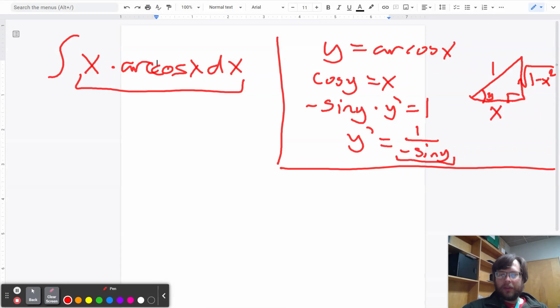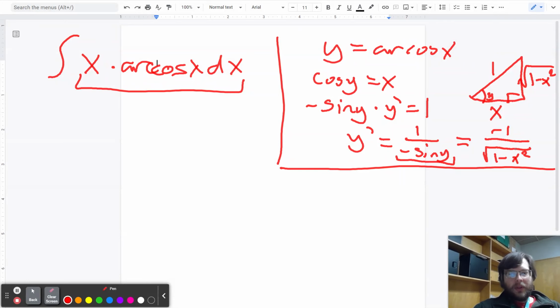So I can use that to substitute down here, and y prime is equal to 1, I guess I could move the negative up top, so negative 1 over sine, and sine is opposite over hypotenuse. So there we go. That's great. Okay, so let's go back to this here.